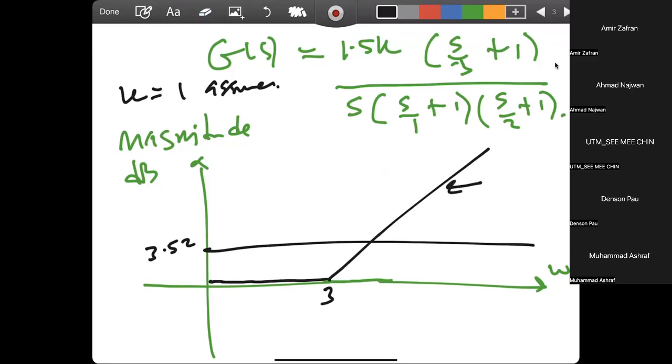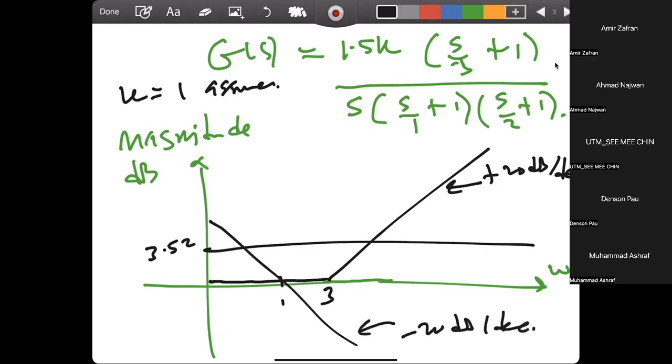Okay, slope is positive. Then (s plus 1), here. So your slope is like that, 20 dB per decade. Then (s over 1 plus 1) is another one, go down. And then (s over 2 plus 1), another one, and go down. So this is 2, and this is 1. That is for the magnitude.